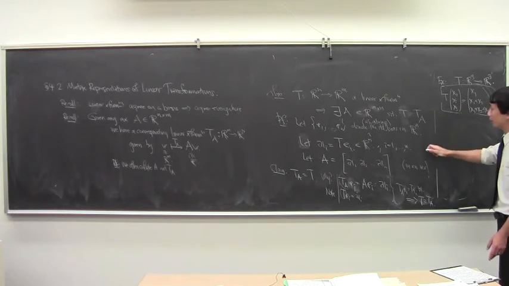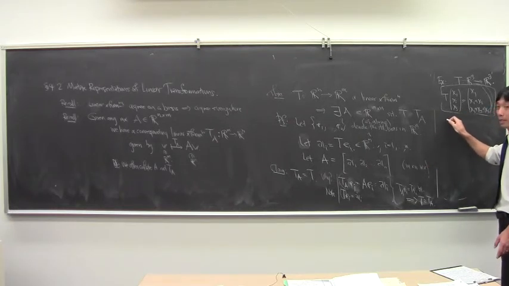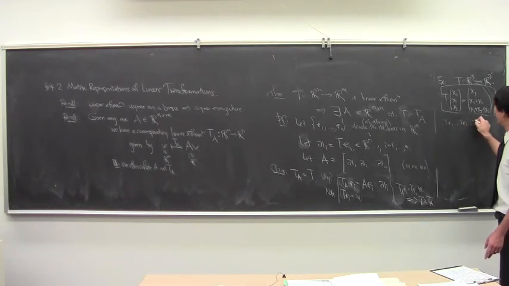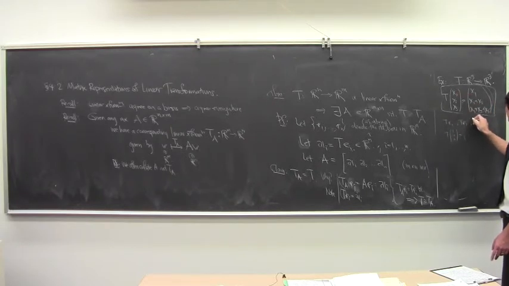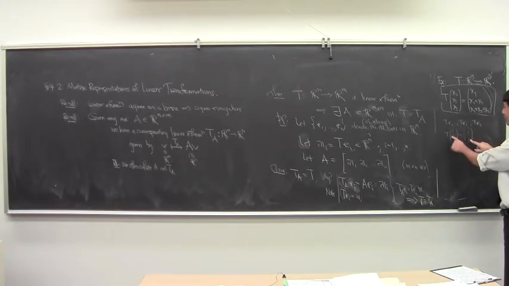The theorem says to look at T's behavior on E1, E2, and E3, and put those things as the columns of some matrix. So what's TE1? TE1 is T of 1, 0, 0, that is to say, 1, 1, 1. Here's the description of T's behavior: T takes in x1, x2, x3, and returns x1, x1 plus x2, x1 plus x2 plus x3.